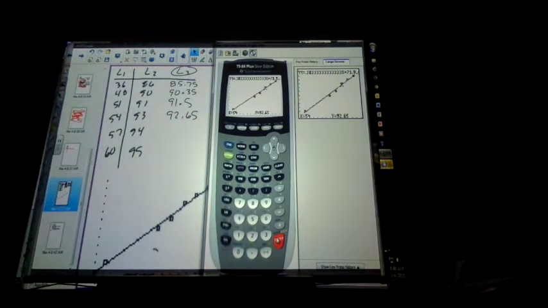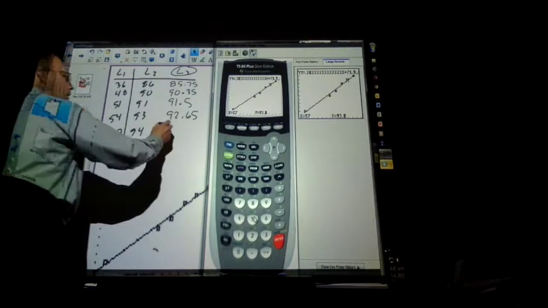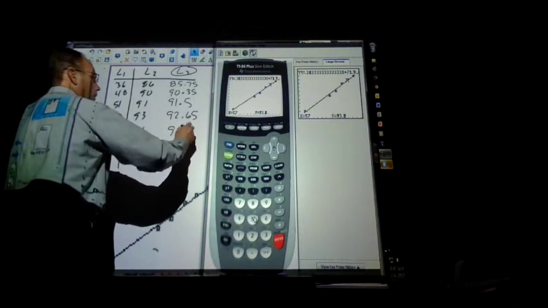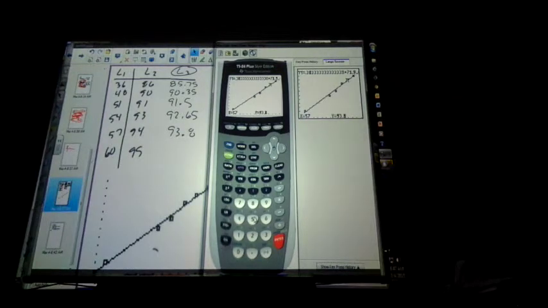Plug 57 in. 93.8. Then plug 60 in. 94.95.